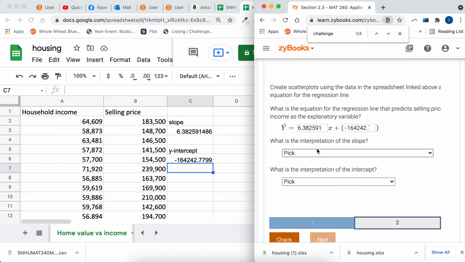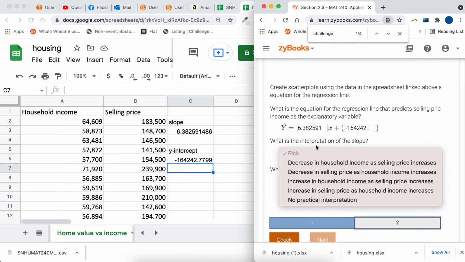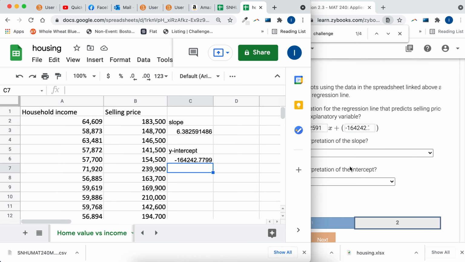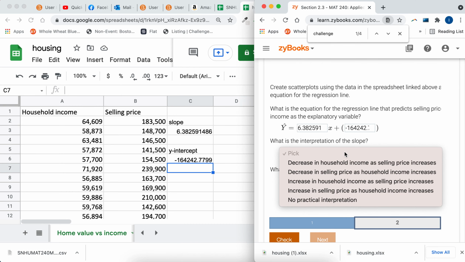What's the interpretation of the slope? With linear regression, a slope tells you how many y values you go up for one increase in the x value. So in other words, our y value is the selling price. This slope of 6.382 says that the selling price goes up by $6 for every $1 increase in household income. Okay.